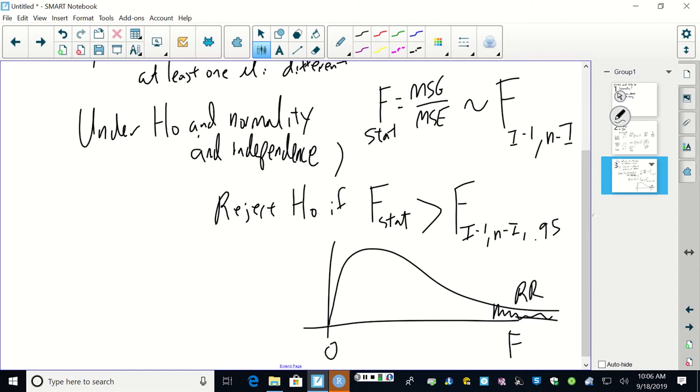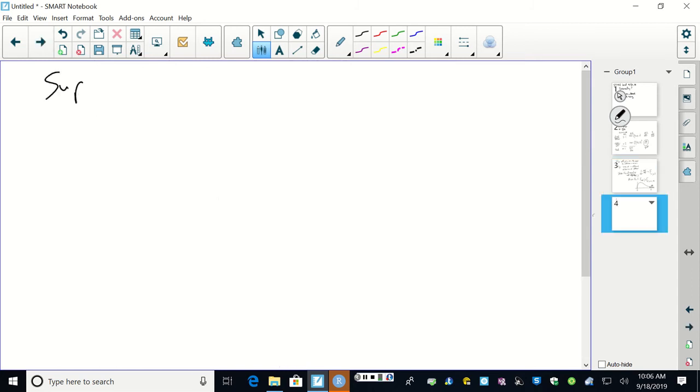Let's say you do reject. Suppose you reject the hypothesis, and then you conclude there is some difference in means.